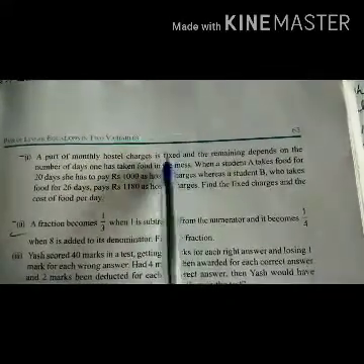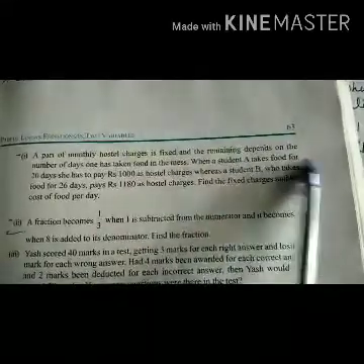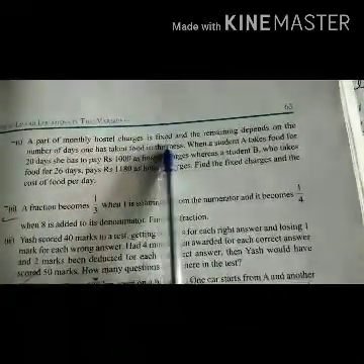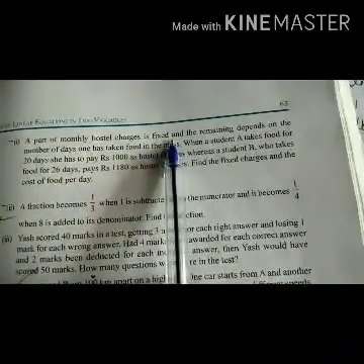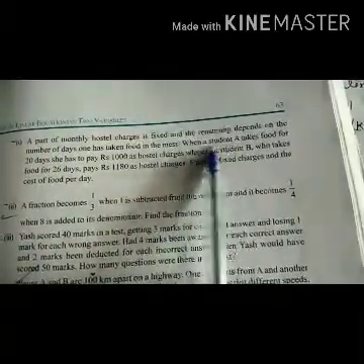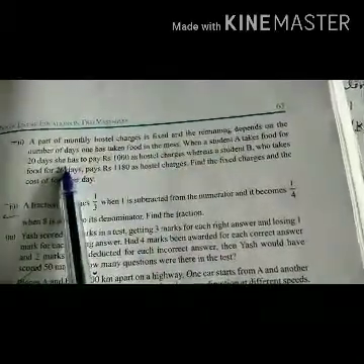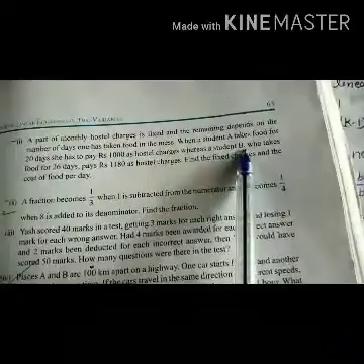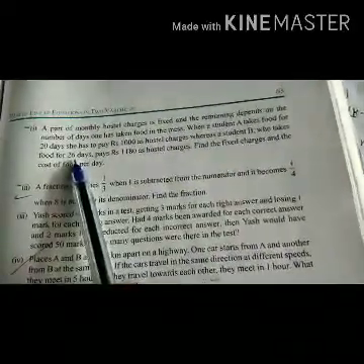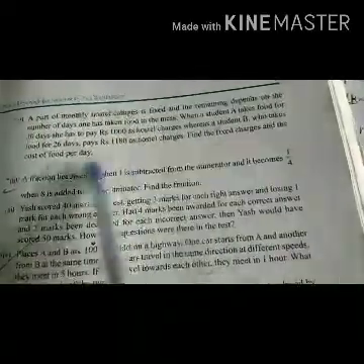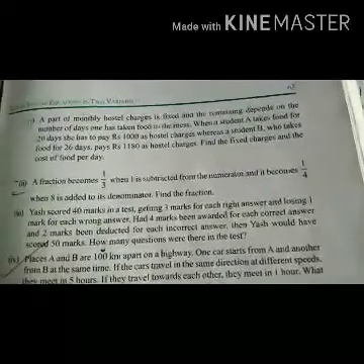In a hostel, the monthly charge is fixed and the remaining depends on the number of days one has taken food in the mess. When student A takes food for 20 days, she has to pay 1000 rupees as hostel charges, whereas student B, who takes food for 26 days, pays rupees 1180. Find the fixed charge and the cost of food per day.